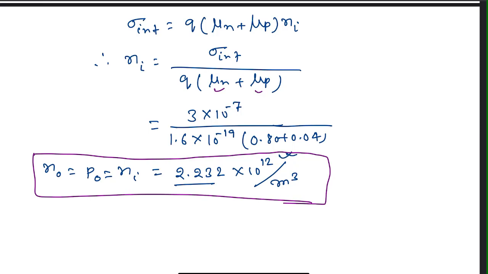So the concentration of the intrinsic carrier will be in terms of per meter cube, since volume is represented in meter cube. That is the reason we took the unit as meter cube.